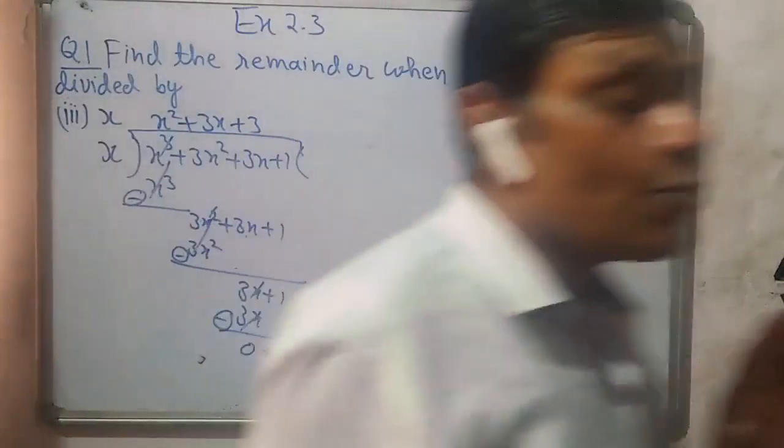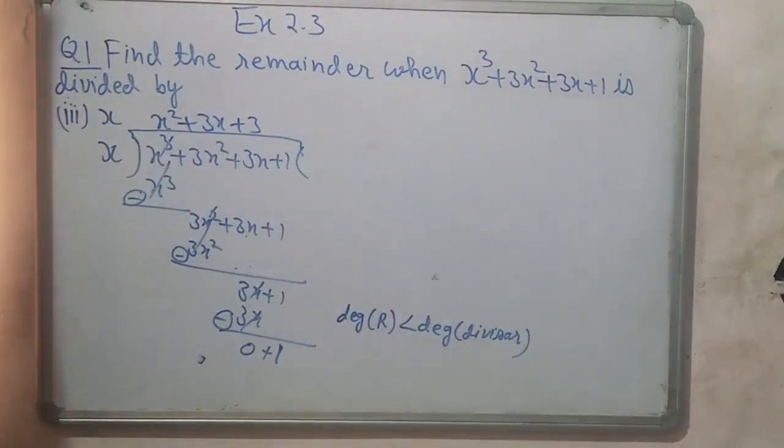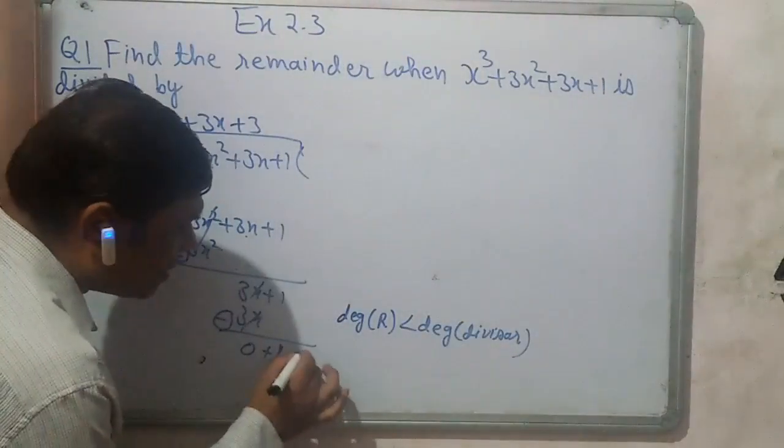At the step where the degree of the remainder comes lesser than the degree of the divisor, our division should stop and we should terminate the division process. So here the degree of the remainder 1 is 0, and the degree of the divisor is 1. It is lesser than the degree of the divisor, so we have to stop or terminate our division. So the remainder will be 1.